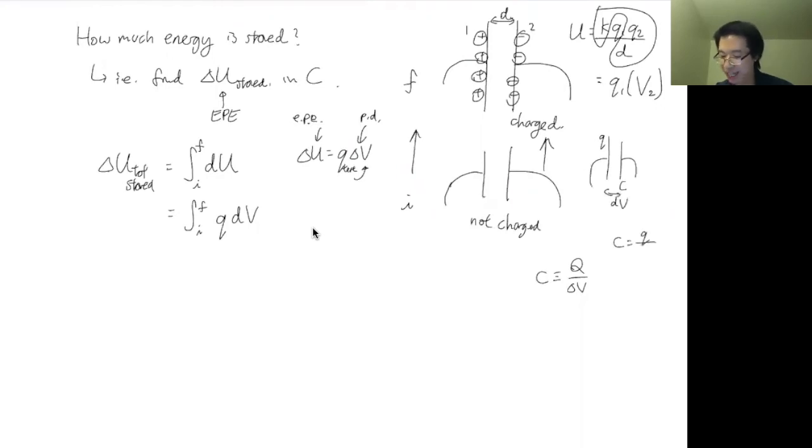So I can write it with a small Q and a small potential difference, or I can rewrite it this way: the amount of charge is C times delta V. But if I just want to bring up a small charge against it, that is the relationship there.